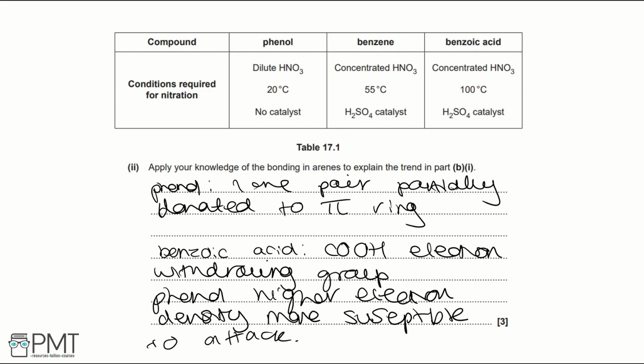To get the marks for this question, we need to say the phenol has a lone pair, which is partially donated in the ring system, that the carboxylic acid group is an electron withdrawing group, and we need to do the link between the phenol having a higher electron density and it being more susceptible to attack, therefore it's less reactive.